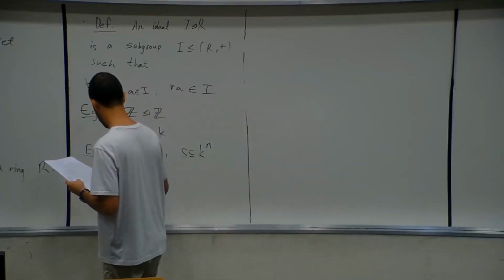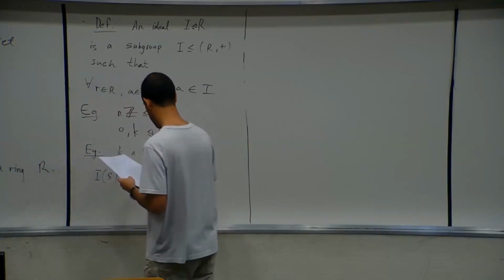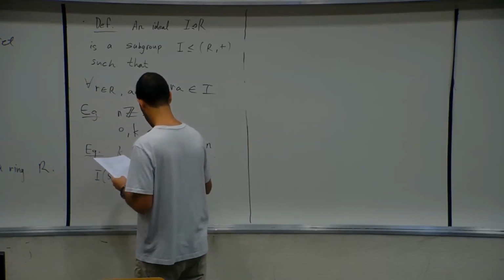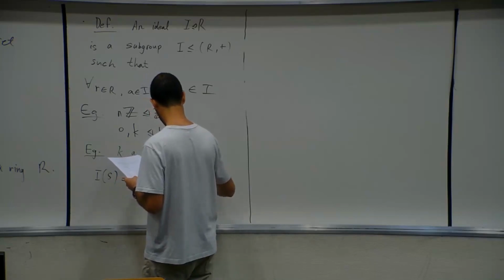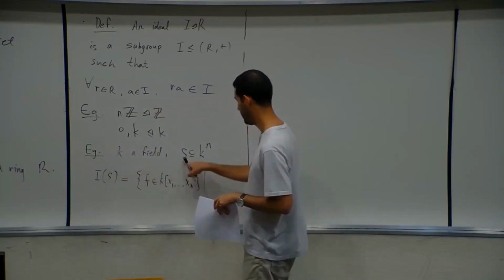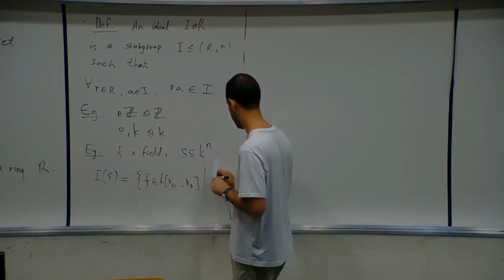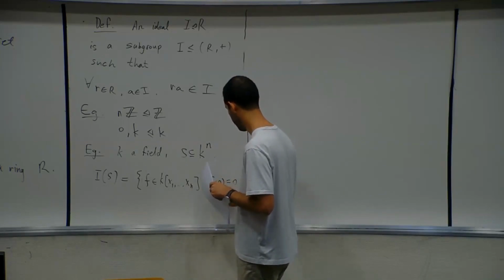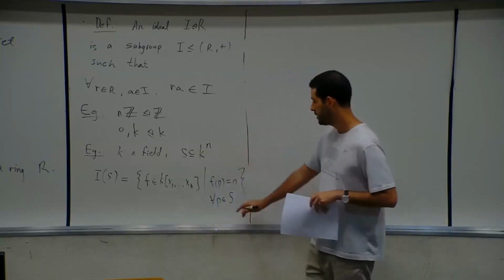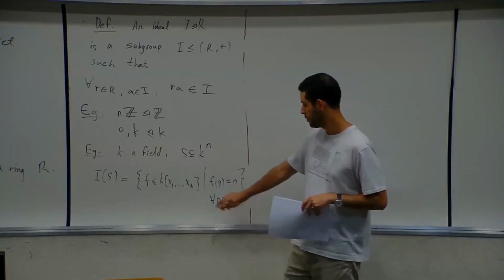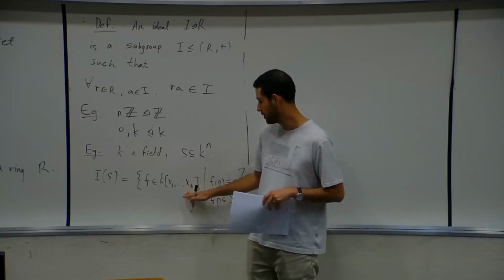Then the set of all the polynomials in n variables which vanish on S, such that f is 0 for every point in S. This set is also an ideal of the polynomial ring.